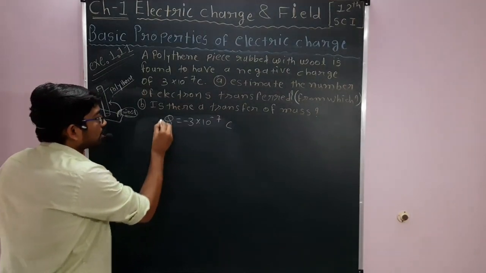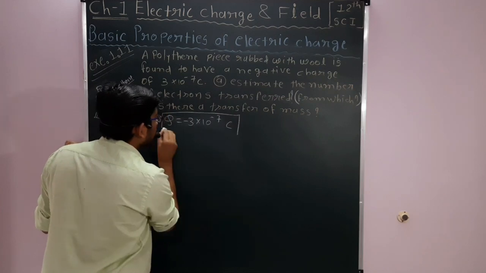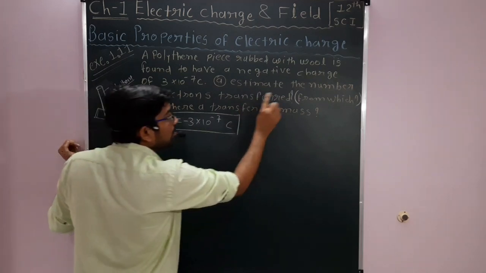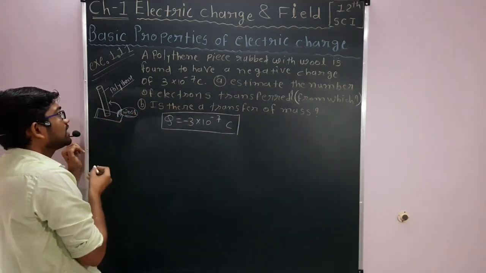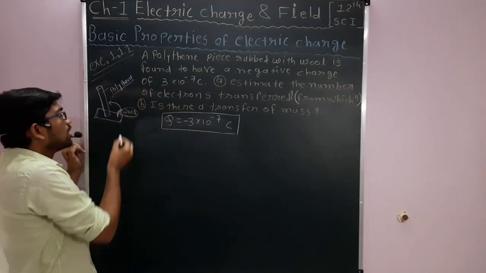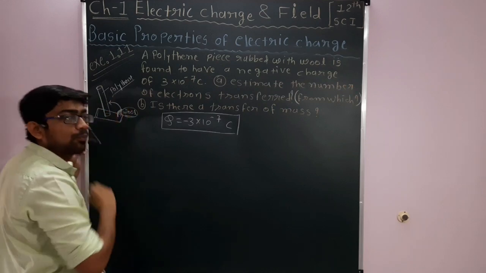Our question is to estimate the number of electrons transferred. Here we clearly see that polythene gets negative charge, so electrons are transferred from wool to polythene.